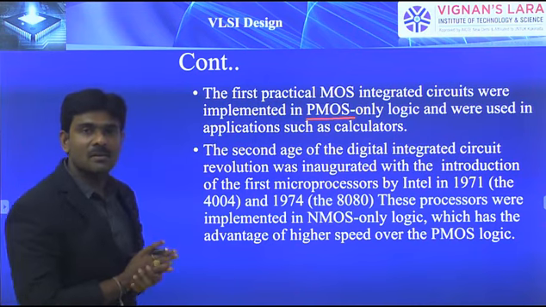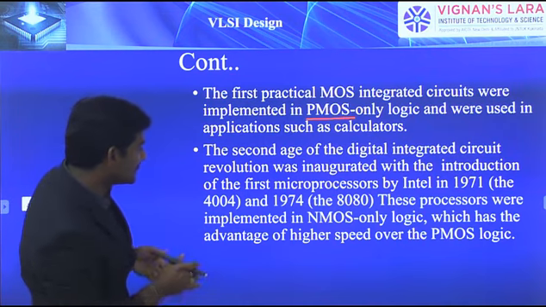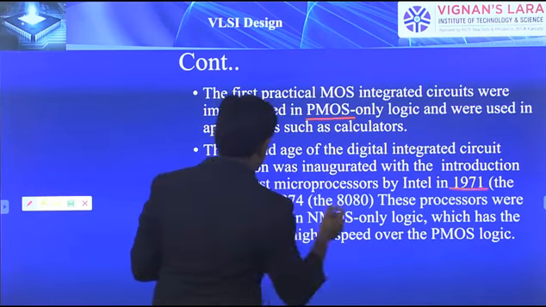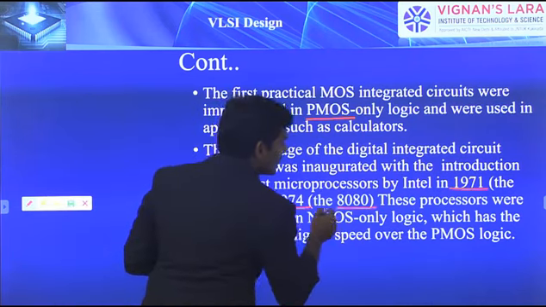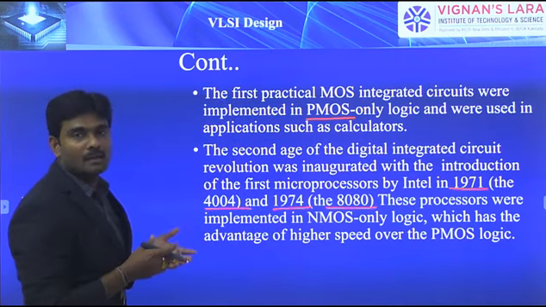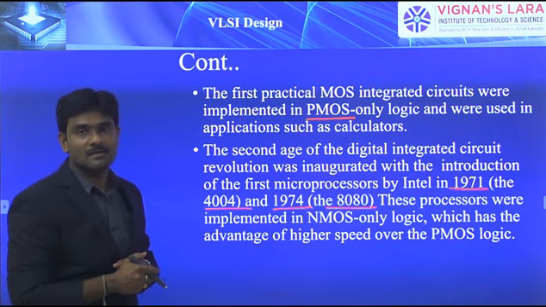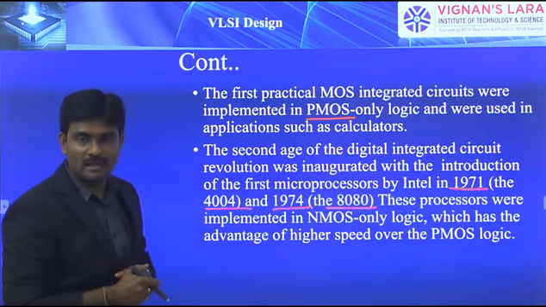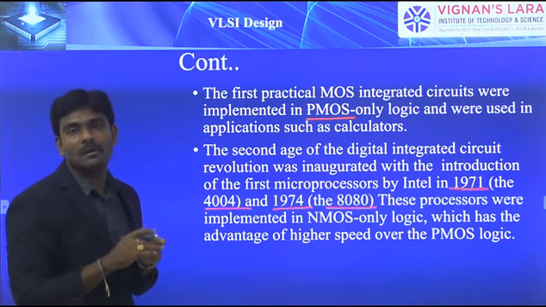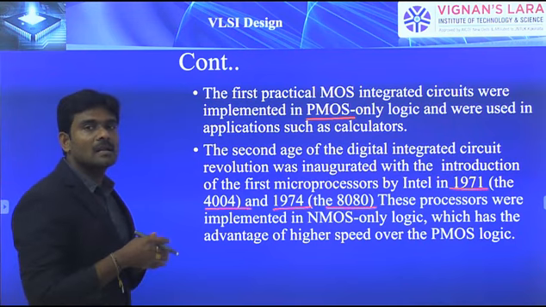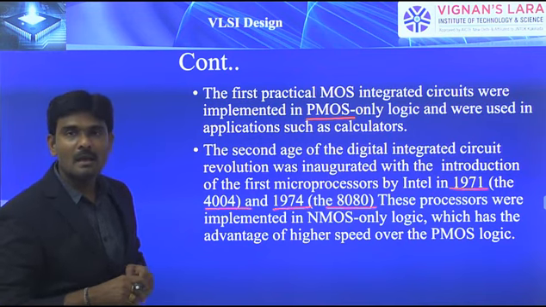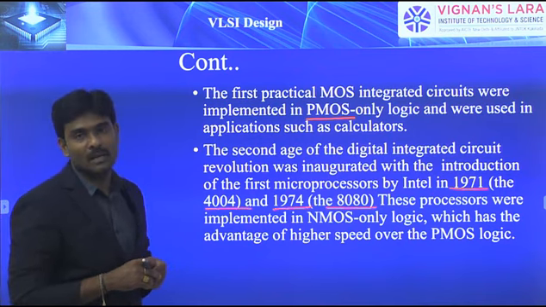Because of that, next they moved on to NMOS technology, and using NMOS they realized the first microprocessors, such as the 4004 in 1971 and the 8080 in 1974. NMOS is N-channel metal oxide semiconductor. The advantage of NMOS is that it is faster compared to PMOS, because the channel is formed by electrons. Electron mobility is 2.5 times greater than hole mobility.